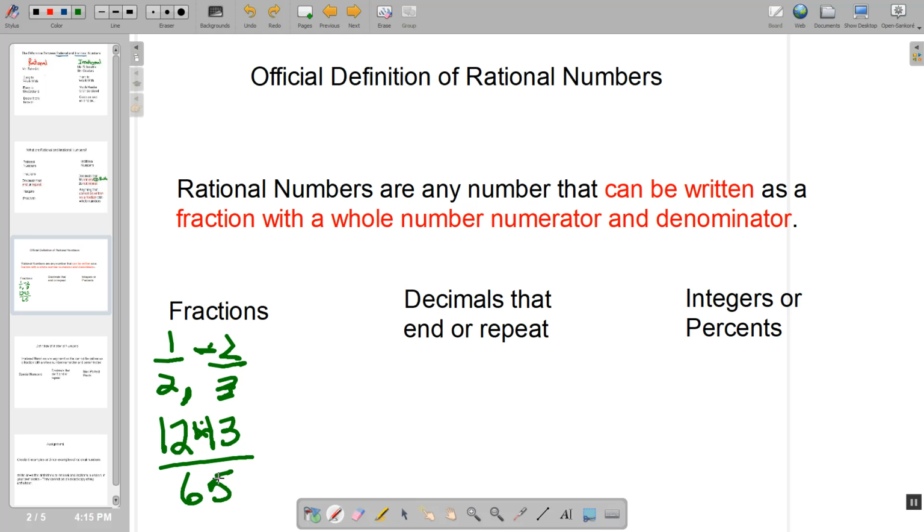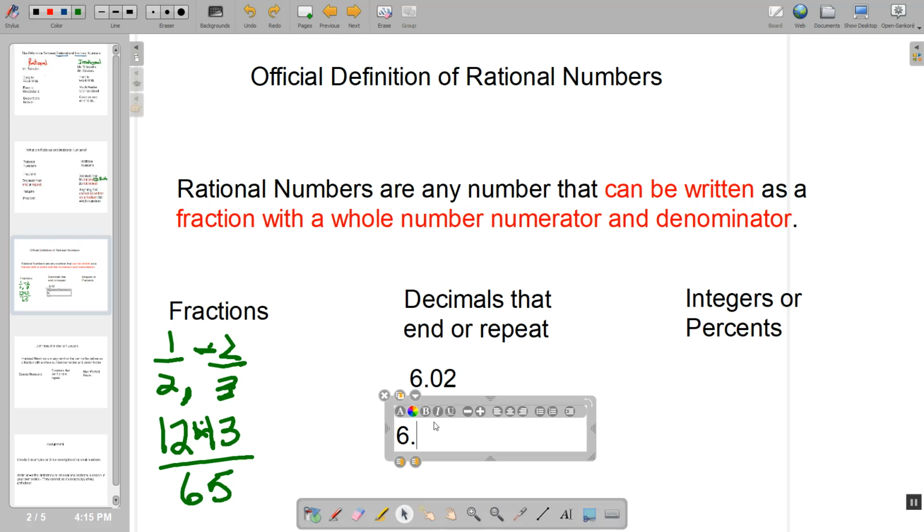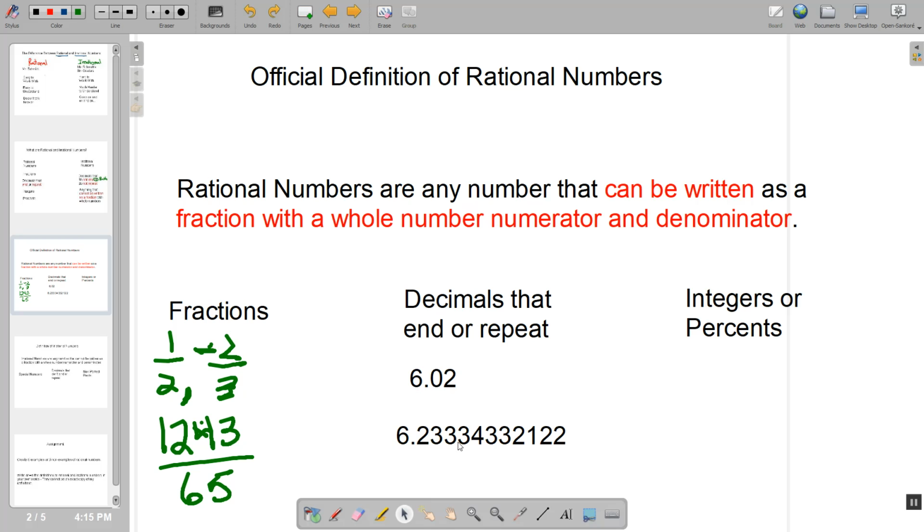Now, if we're talking about decimals, these decimals have to end or they have to repeat. So if we're doing a number like 6.2, that would be a rational number. You also could have a number that is really long, but as long as it actually stops, that would make it a rational number as well.